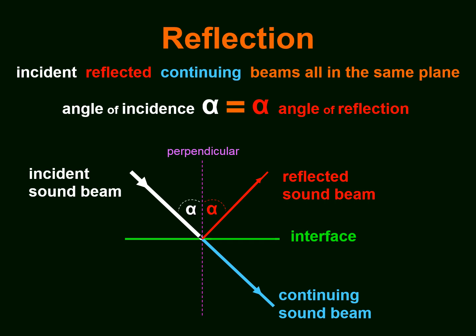The angle of incidence is the angle between the incident sound beam and perpendicular to the interface, and the angle of reflection is the angle between the perpendicular to the interface and the reflected sound beam.